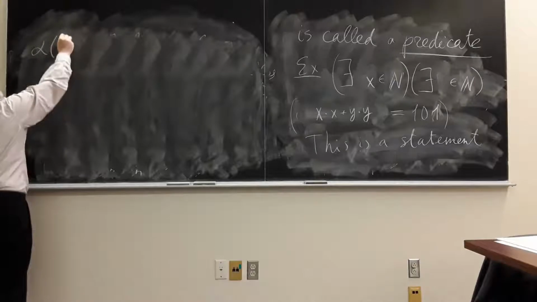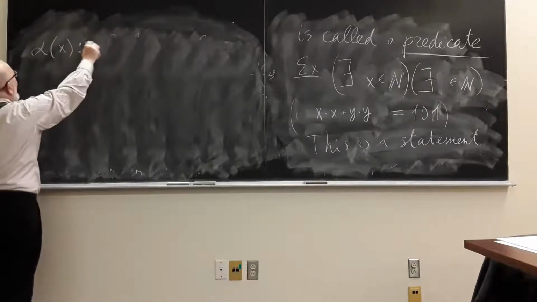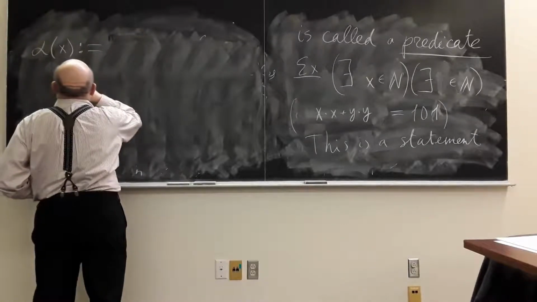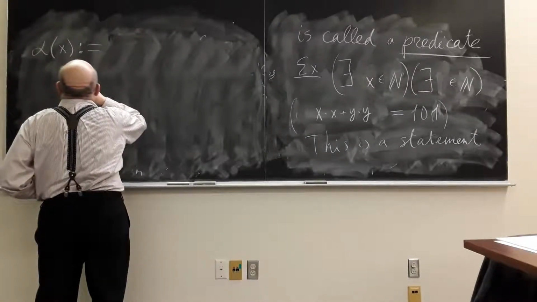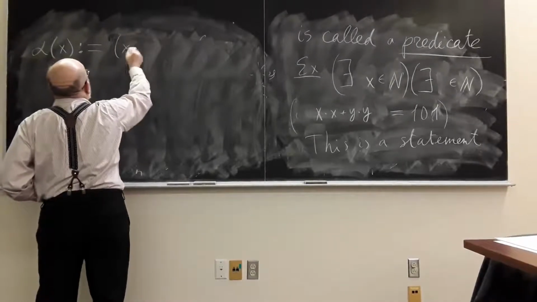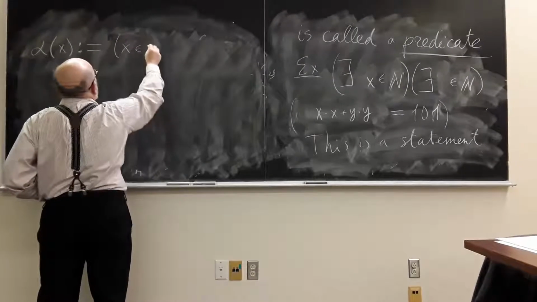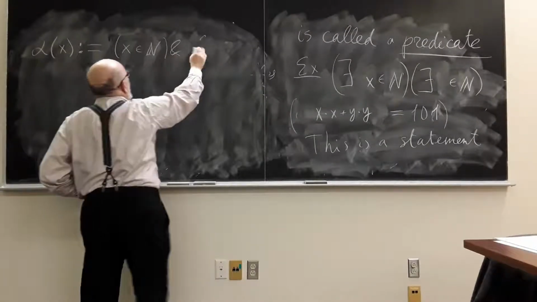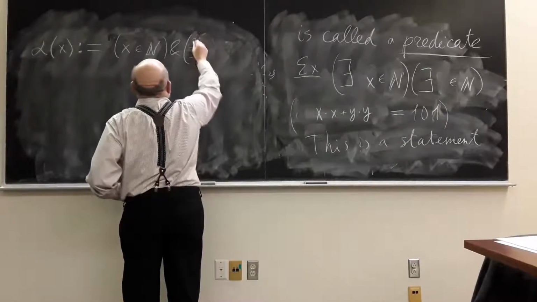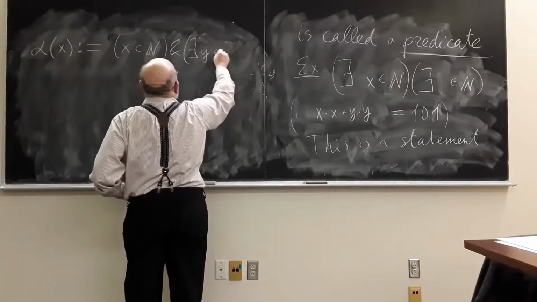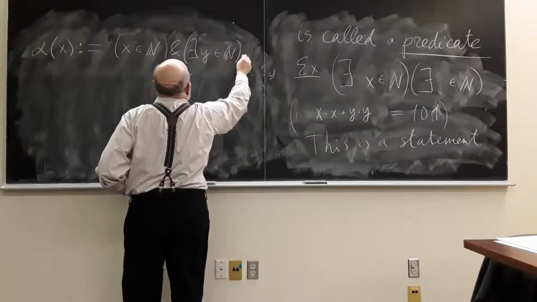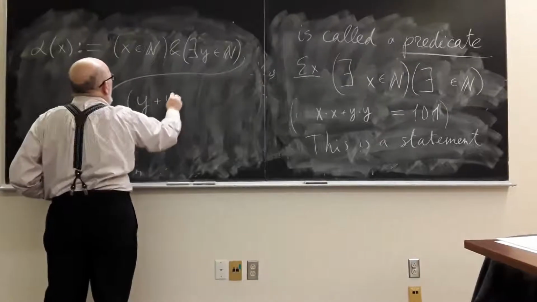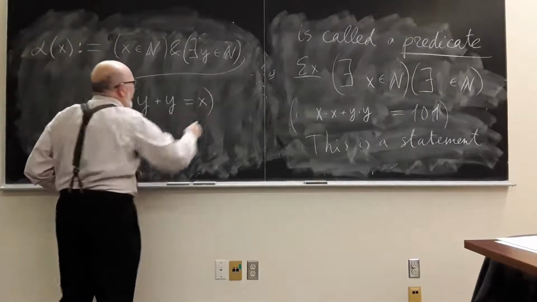Alpha of x is the following formula: x element of N, there exists y in N such that y plus y equals x.